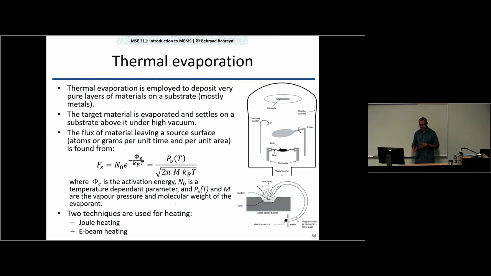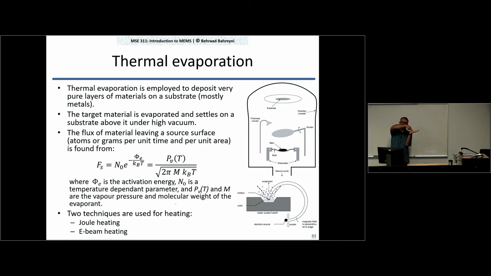So an alternative technique is to use E-beam heating. In E-beam heating, what you use is a beam of electrons. You just produce a beam of high energy electrons that you bend using electrostatic lenses and guide towards your target.